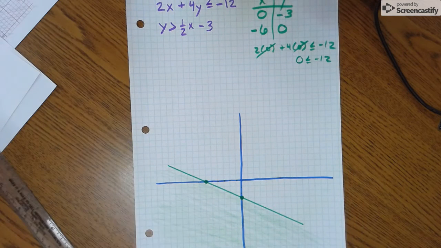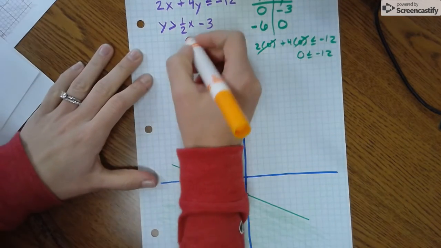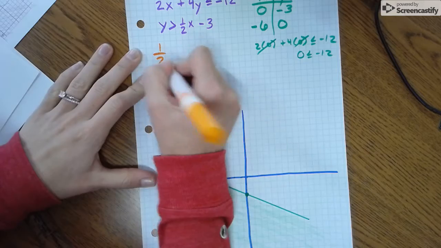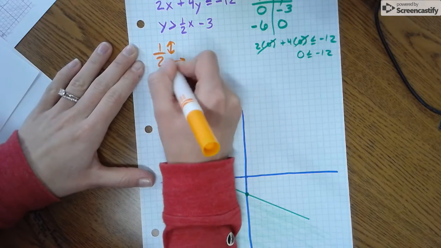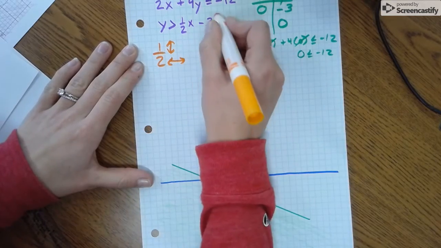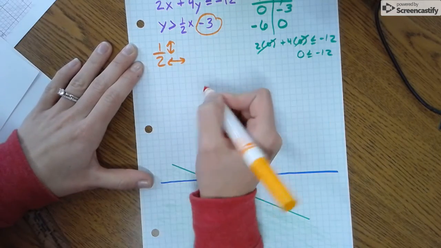My next equation is in slope-intercept form, and so for that one, I'm just going to plot the y-intercept and then graph the slope accordingly. So the slope is 1 over 2. All right, this is my vertical movement, and this is my horizontal movement, and then this is my starting point on the y-axis.